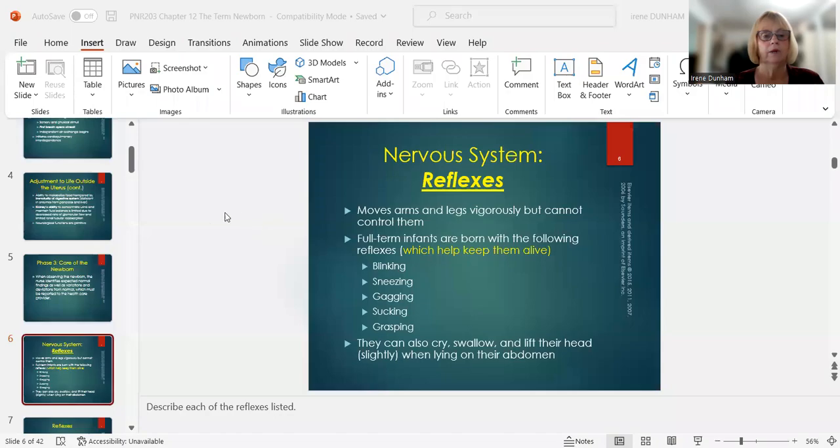This is the big one when it comes to HESI. I've seen where they had gagging on HESI. That's a reflex that actually saves an infant's life. So let me go ahead and share my screen and bring up this chapter. I'm going to go right into reflexes, as you can see.